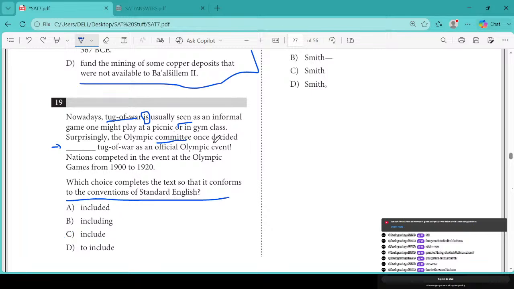However, the verb here is already decided. Decided is already the verb. So you already have a subject. You already have a verb. Right? So this becomes useless. Because you have a subject and a verb, this cannot be a verb. So it cannot be that or that.